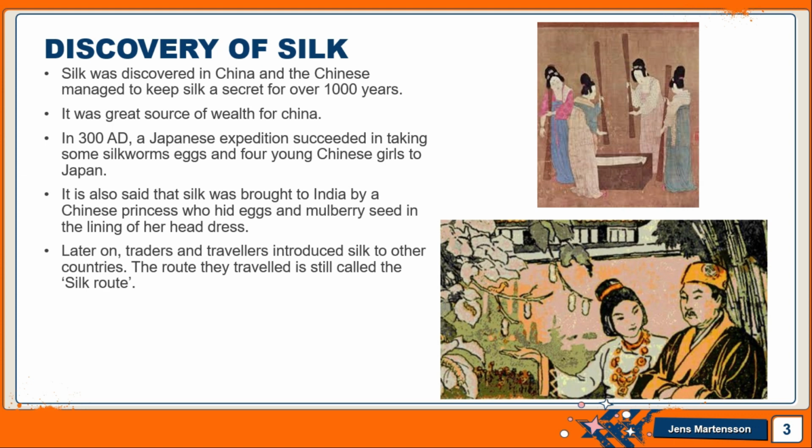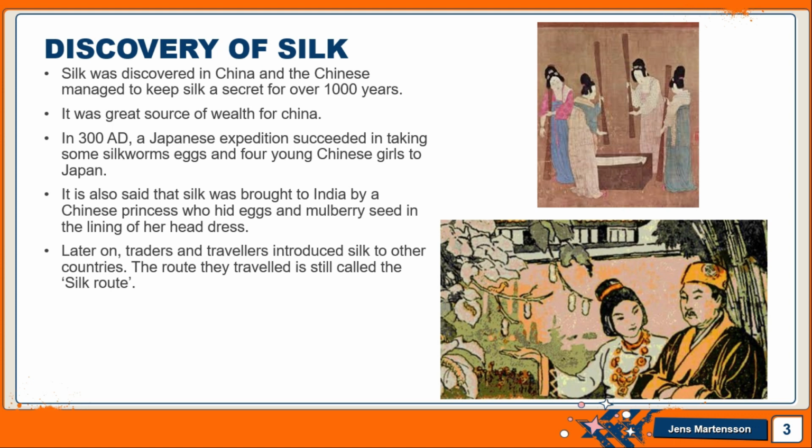After the discovery of silk, the Chinese people managed to keep it a secret for over 100 years. They didn't let anyone know how silk is processed and manufactured.